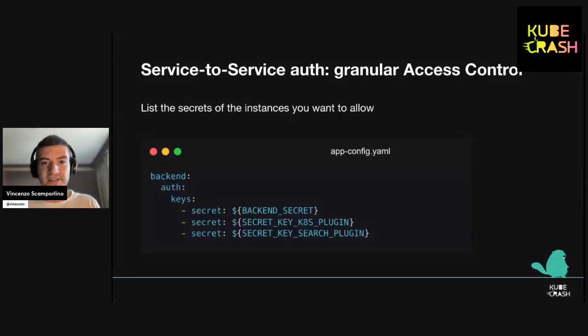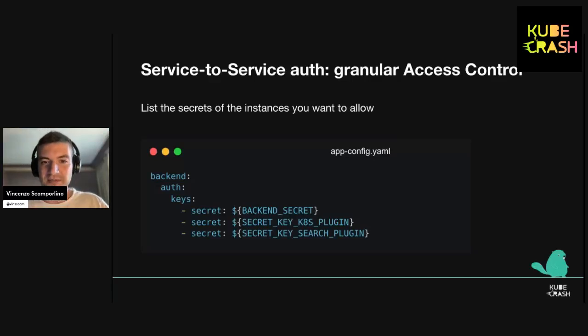By the way, there is development ongoing in this area. We are improving this process, and in the near future, you won't need to provide any secrets because plugins will kind of configure service to service auth automatically, and there will be a mechanism for plugins to authenticate the requests between each other. So stay tuned.